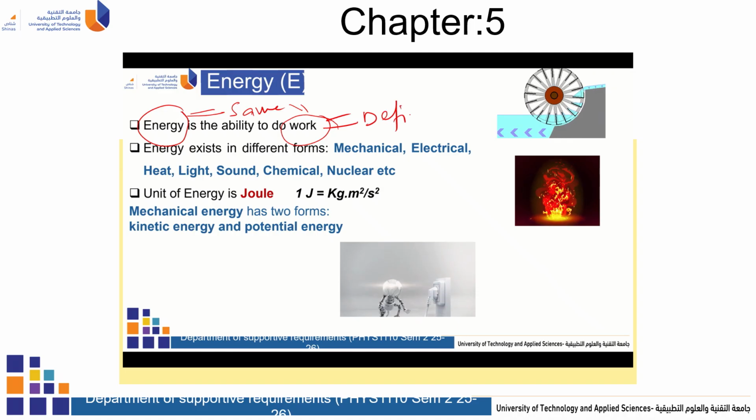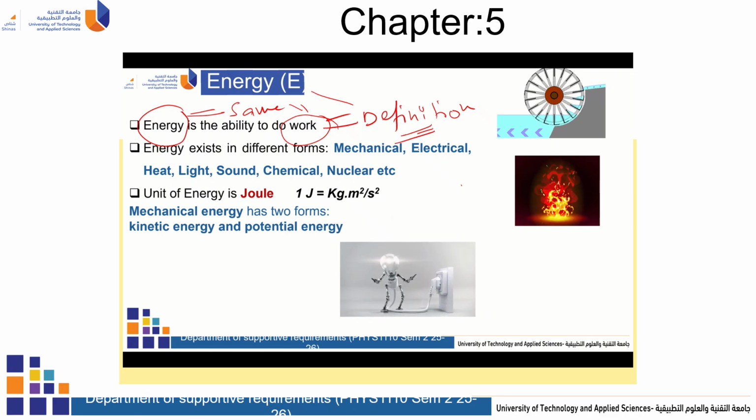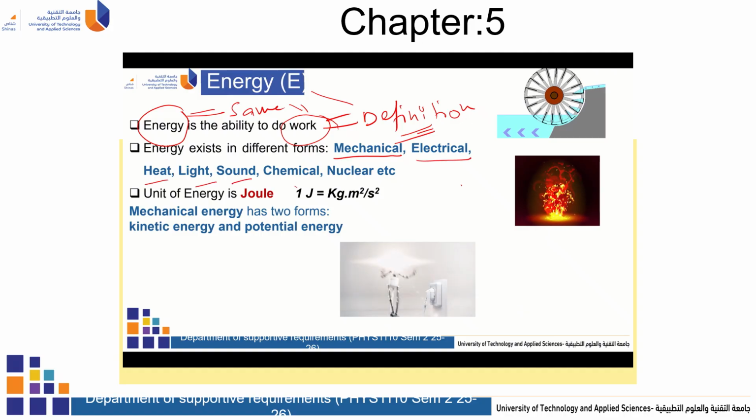If it comes in the examination, you have to write this definition of energy. Different forms of energy are given here: mechanical energy, electrical, heat, light, sound, chemical, nuclear. There are so many.